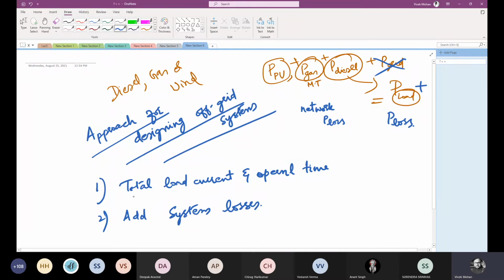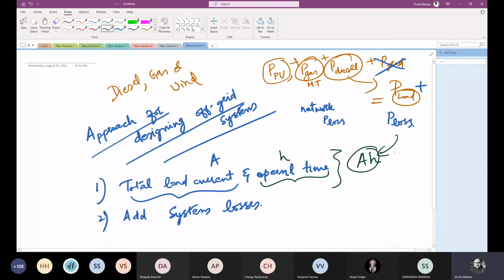So what is done is total load current, if it is represented in amperes, if you know the operational time in hours, then you should get the ampere hour. Then this is for concerning the load only, but we have losses also to be supplied from the source. So you have to add system losses, right?